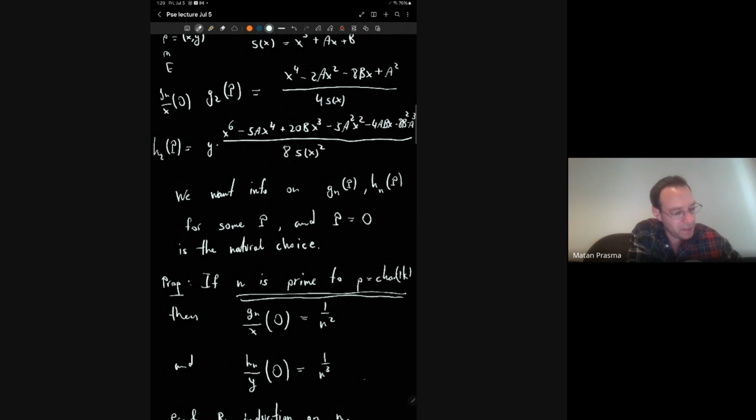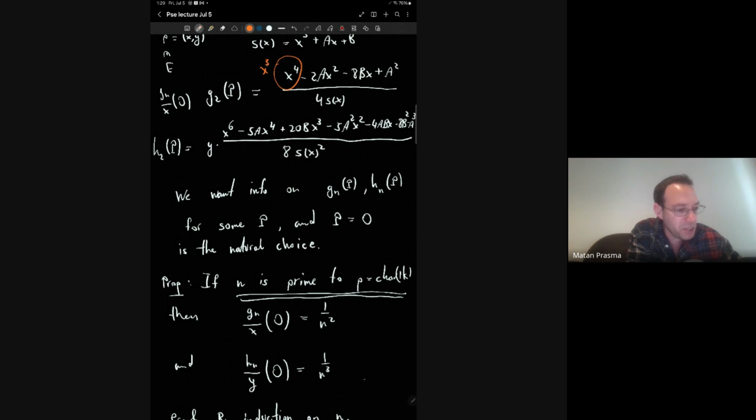So what do I get? Sx is of degree 3, right? And if I divide by x, the leading monomial becomes x cubed. So evaluated at O, I have a quotient of two polynomials of the same degree.